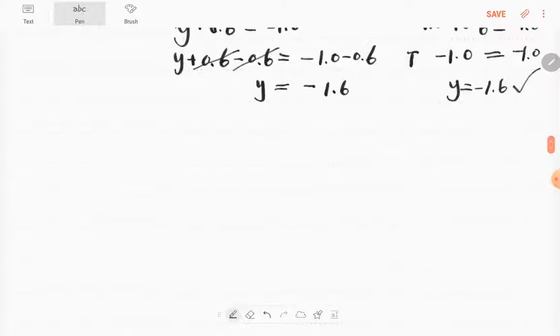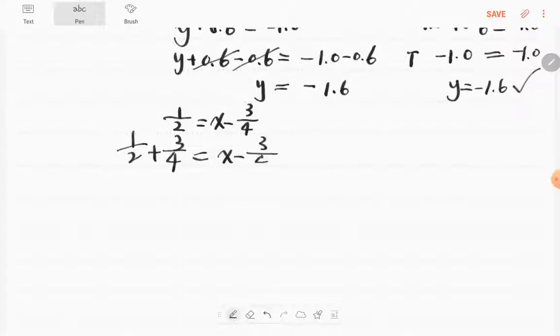So this is about decimal example, and if we have a fraction, the rule is still the same. If we want to solve for x, so we want to make x alone, right? So both sides we add 3/4.